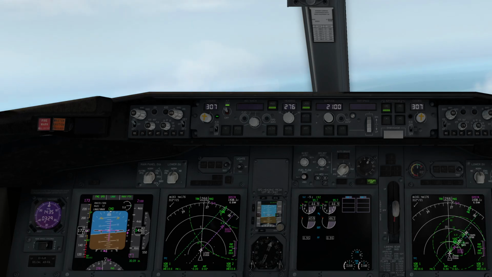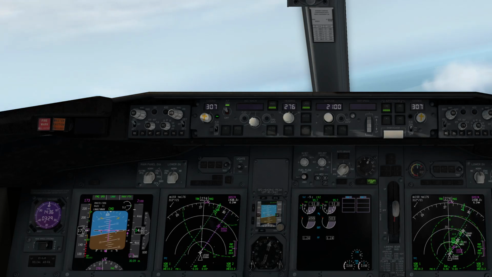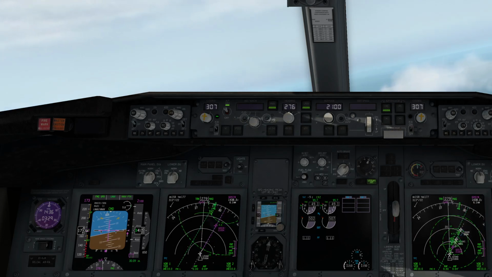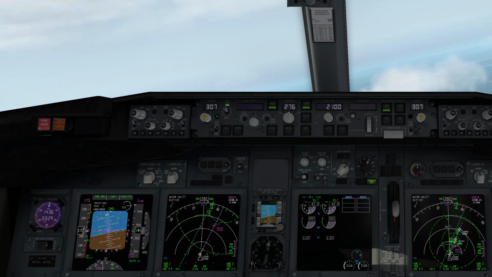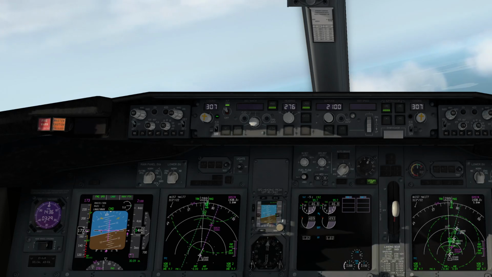And we are now intercepting the approach to runway 31, so 307 on the heading. We are at 173 knots passing 4,000 feet.